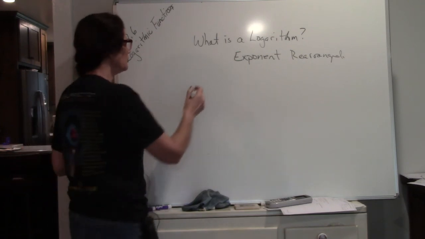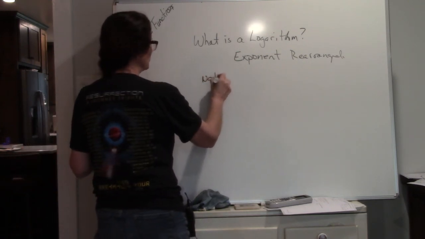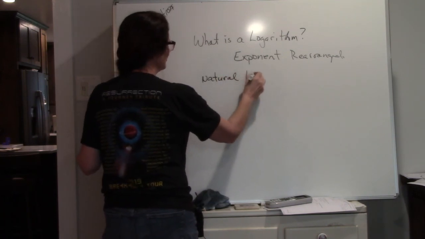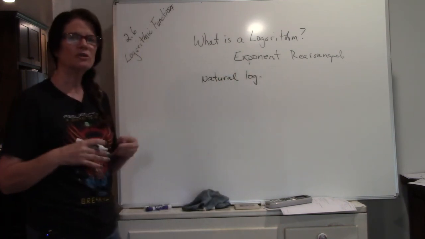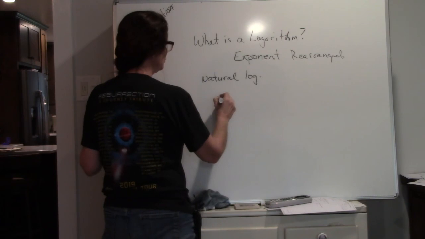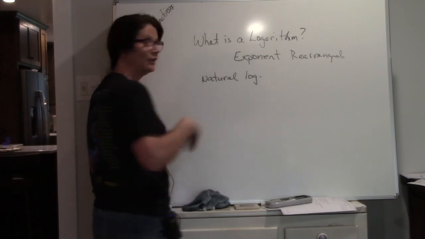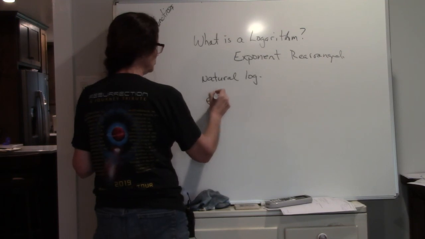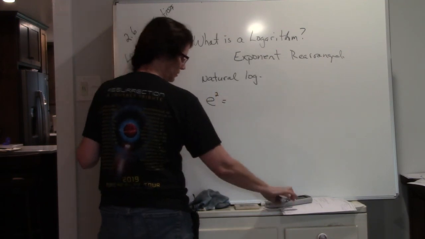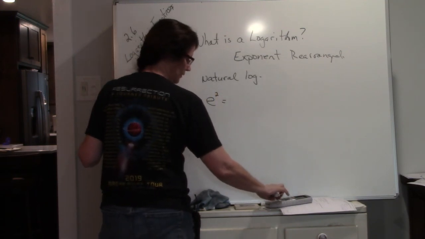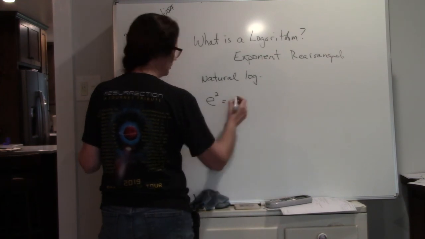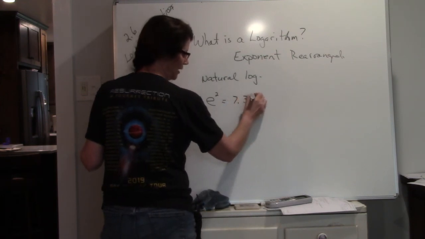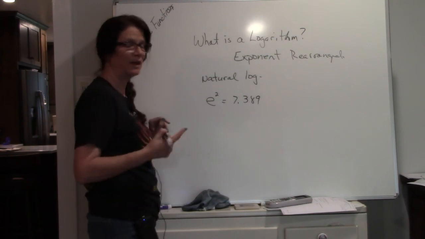And then there's also one that's called a natural logarithm, or natural log. So the natural log is always used on the natural number e. So if I'm going from an exponential function, so e raised to the second power is 7.389, and I just use that on my calculator.